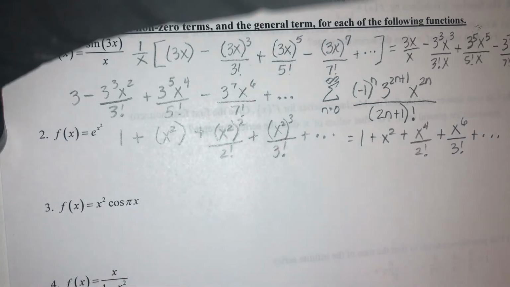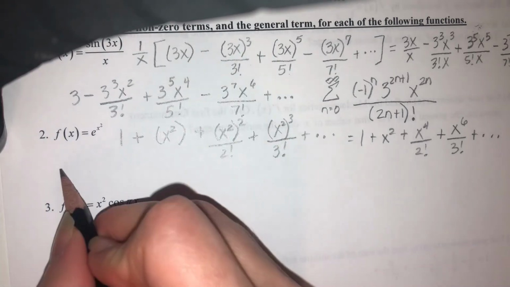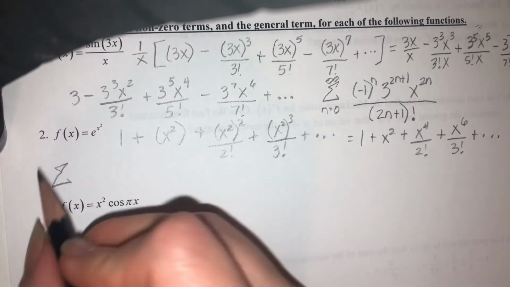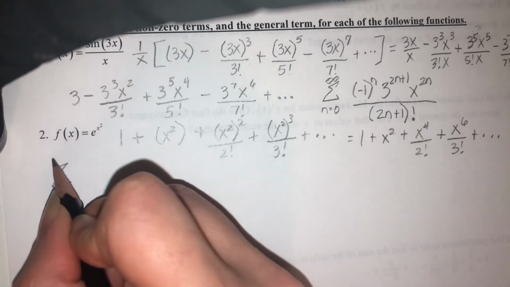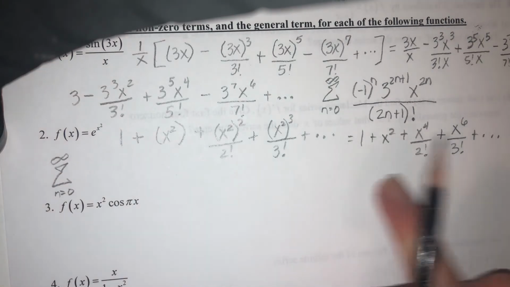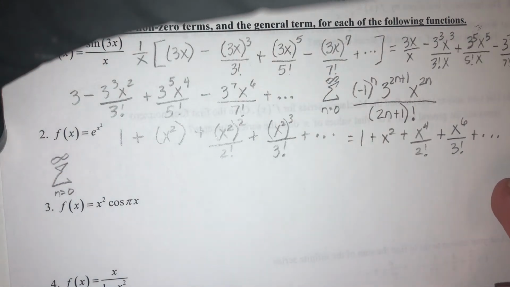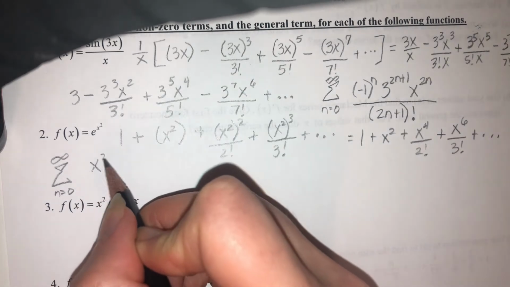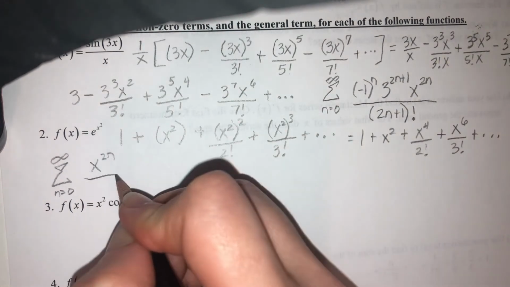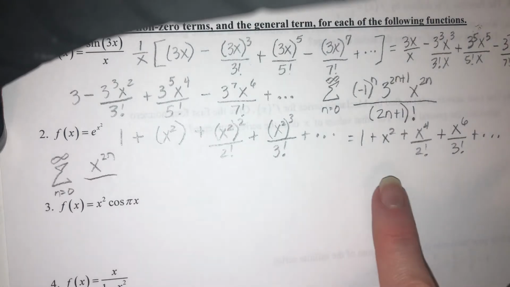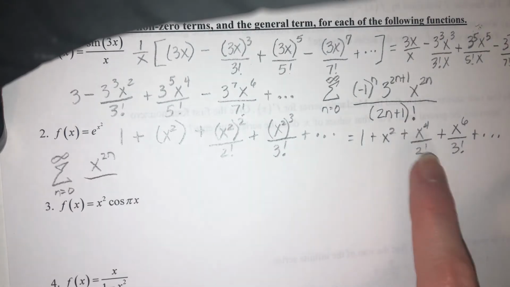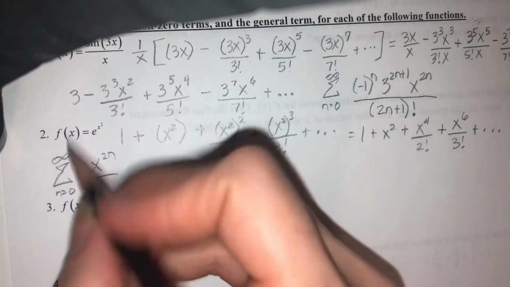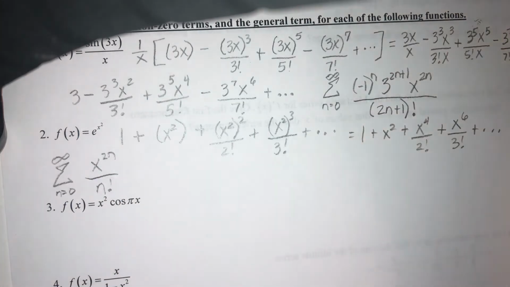And now we're going to write a general rule in summation notation from n equals 0 to infinity for this new series. So it would be powers of x in the numerator, even powers, starting with 0. So x to the 2n divided by, this is 0 factorial, 1 factorial, 2 factorial, 3 factorial, so n factorial in the denominator.